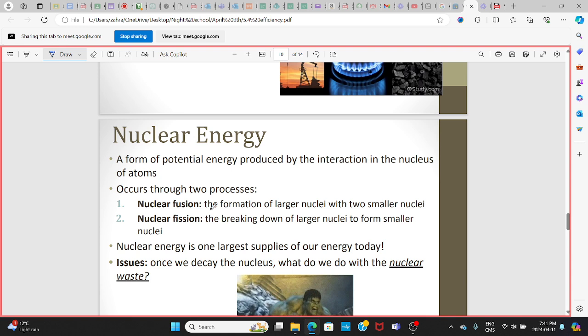Nuclear fusion is the formation of a larger nucleus from two smaller nuclei. So you smash two small nuclei and produce a larger one, and in that process huge energy will be released. And nuclear fission is breaking down a larger nucleus into smaller ones.